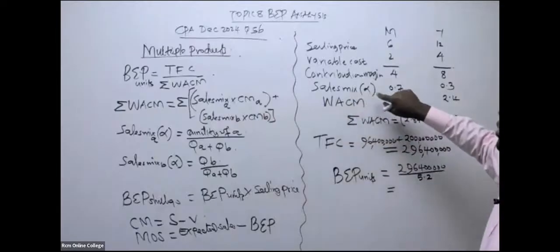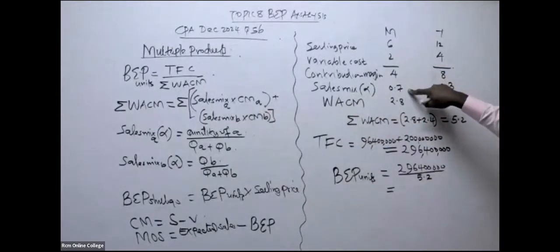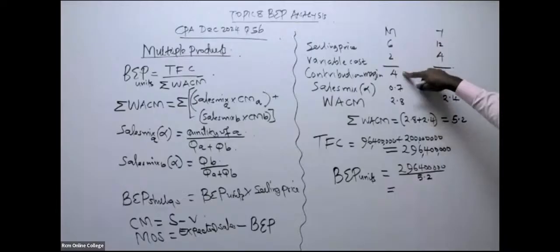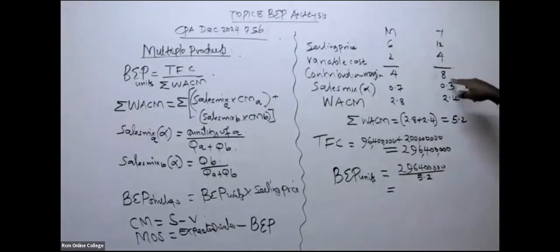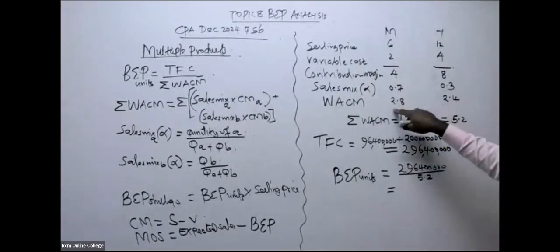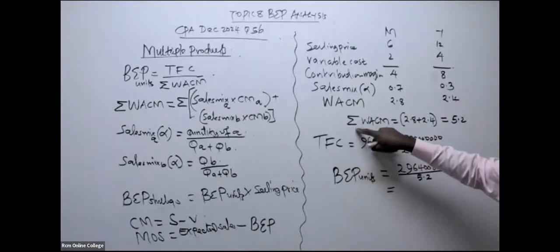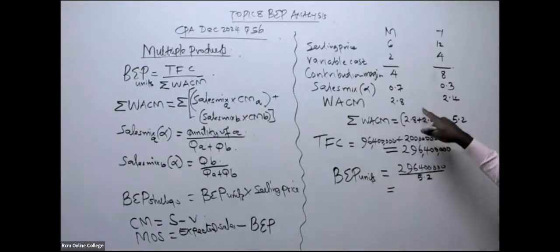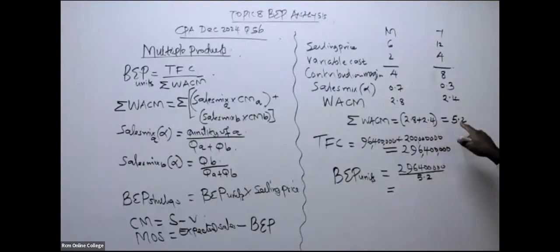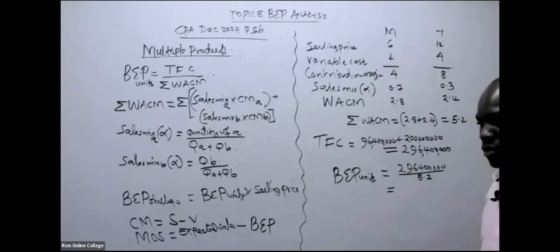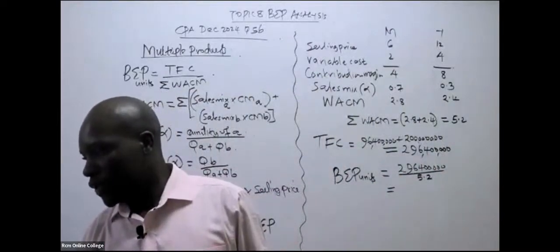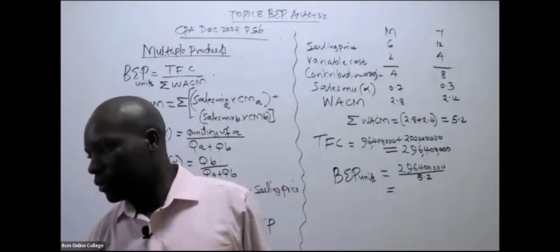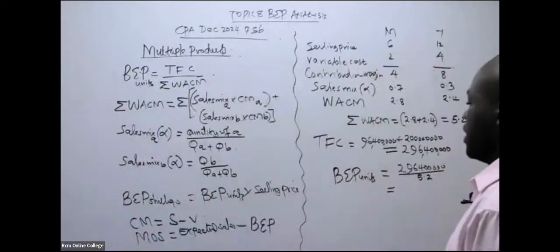So do we have sales mix ratio? Yes, 0.7. How about its contribution margin? 4. So 4 by 0.7 should give us 2.8. 0.3 by 8 should give us 2.4. When I add the two, I'm now bringing in the element of summation. 2.8 plus 2.4, giving us 5.2. That's how we got the figures. Is it clear, Evelyn?